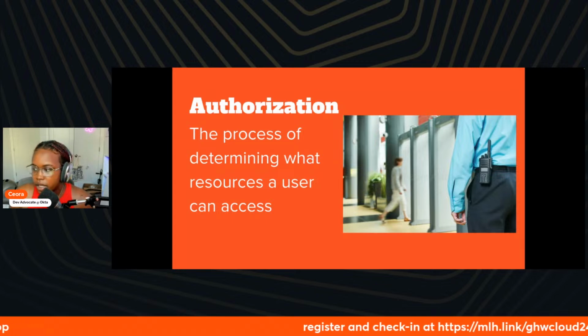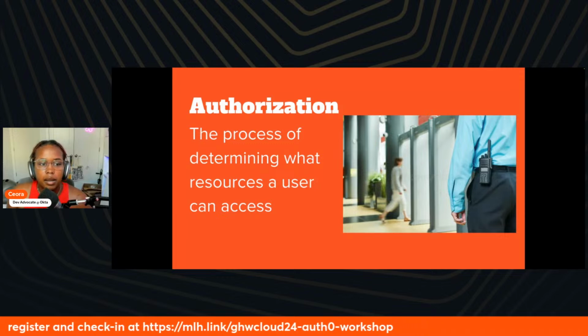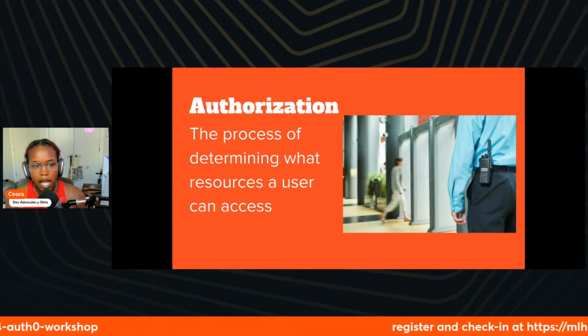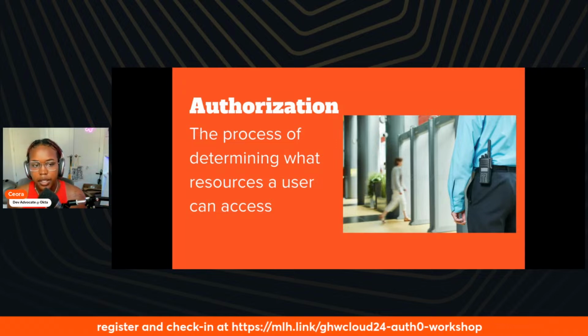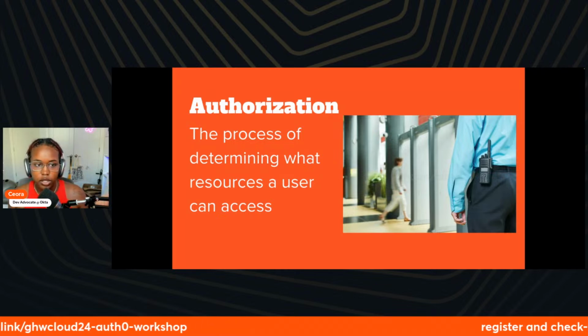One way that authorization comes up all the time, but you may not even realize that it's authorization, is when, for instance, you are sharing information between two different applications. So my favorite example of this is, I really like music. I really like going to concerts. There are some apps that show you what concerts are happening in your area, and they can integrate with an app like Spotify or Apple Music to see what artists you're listening to and therefore determine what concerts you might be interested in.